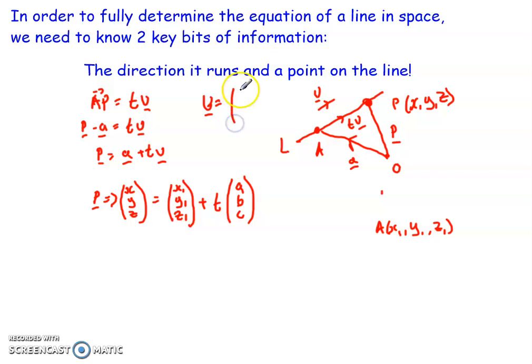So I'm going to say that u is equal to a, b, c there. So that then allows me to have the component form of this equation of a straight line.